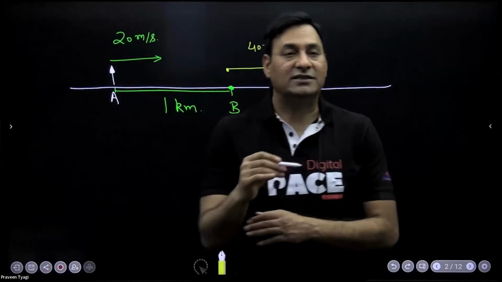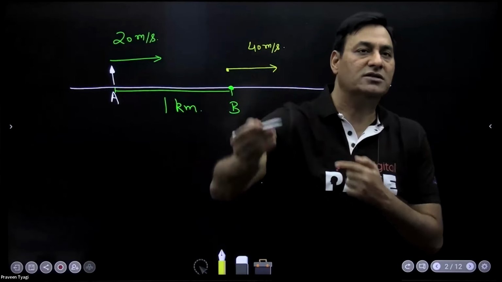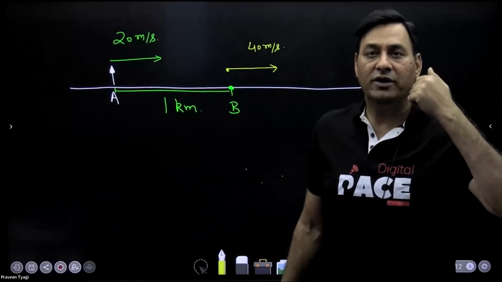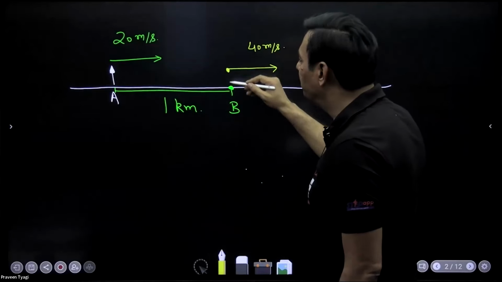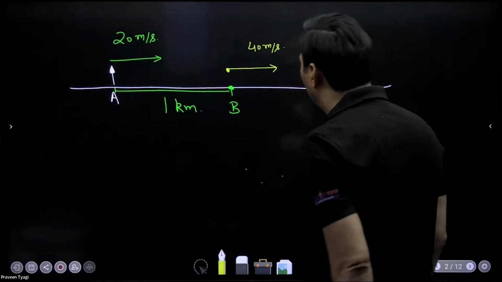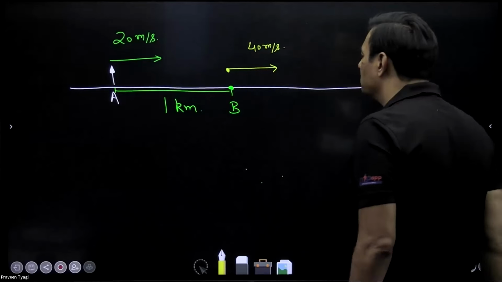You should have pressed the accelerator. You should have taken some time to reach from 20 to 40. Yes, I agree. But right now we are assuming that at B, magically, I got my speed uniform and that is 40. So there is some high-tech AI-driven car in which I'm sitting. I have to just put the value and I'll get that constant speed.